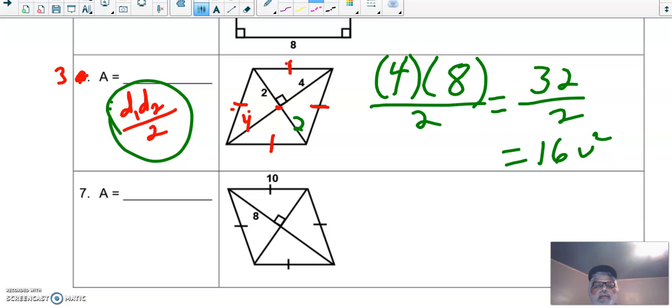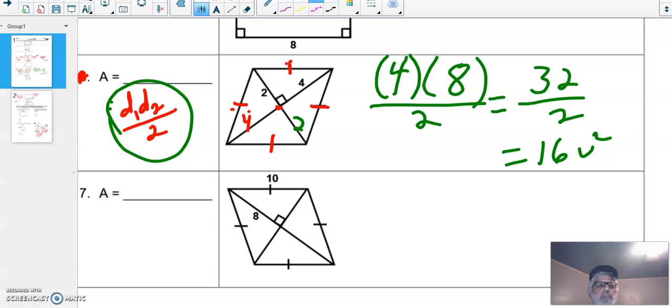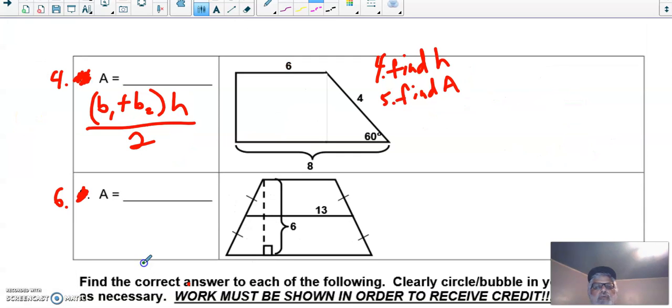Okay, that's number 3. Now I'm going to go to the other side. And now we deal with the trapezoids. So the trapezoid is kind of interesting. It has this formula of base 1, which is B1, plus base 2, which is B2, times the height. So it's like the bases times the height divided by 2. But now to get the height, I have to get that right there.